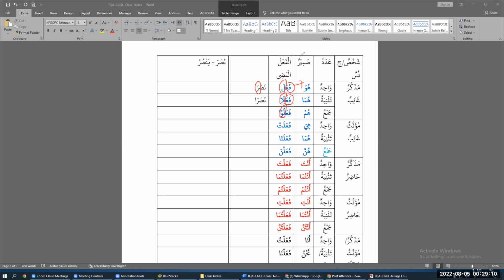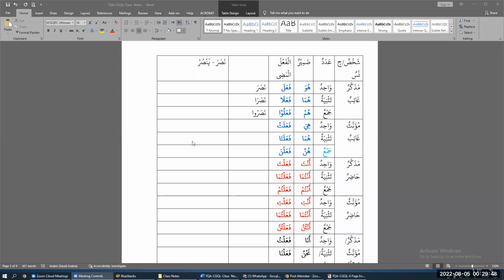Now you see fa'ala, fa'ala, fa'alu. So this will be nasara, nasara, nasaru. Let us type it here so that you understand clearly. If all males help, then nasaru, we will write exactly like fa'alu. Then what will be the next one? Can you tell me? You cannot tell because you are mute.